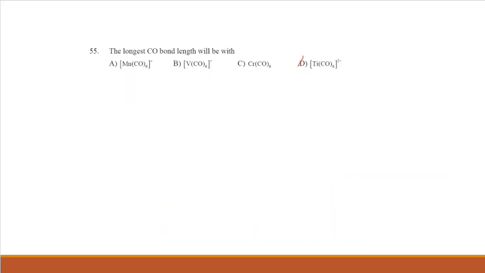Now, the longest CO bond length will be with which metal ion? Suppose if we consider this one, it's a very important topic. We know already between the metal and the CO, there exists a synergic bond where the metal ions start donating its electrons to the antibonding molecular orbital of the carbon.